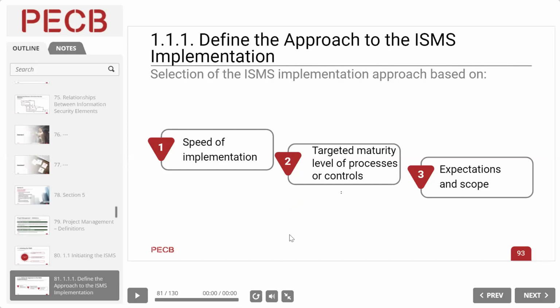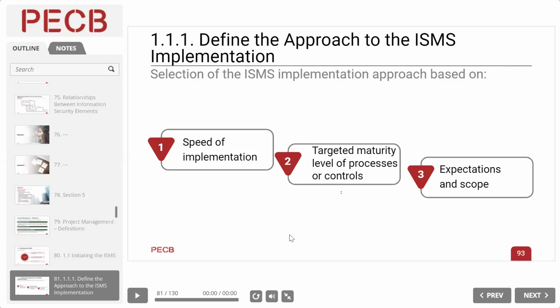So we need to understand the approach. Some of the things that might define the approach are how fast we want to implement it. There might be some regulatory pressure. We might be looking at some targeted maturity level of processes or controls.